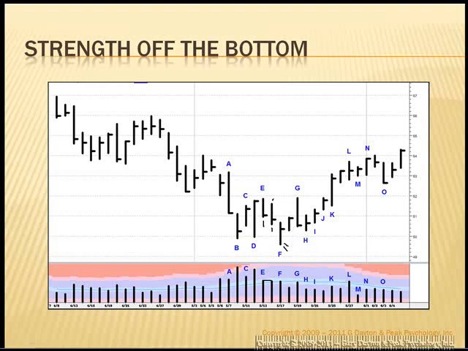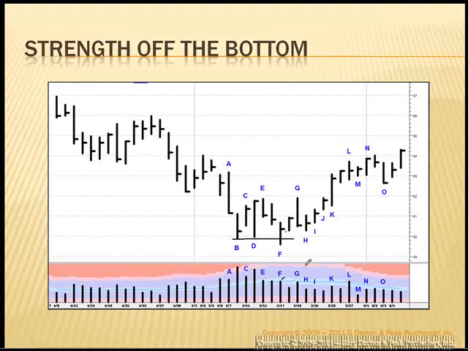Here's the way I view this, and we talk a little bit about Wyckoff in here now. Notice that we could draw a trend line underneath B and D, right? And so F comes down, dips underneath the lows of D and B, rallies up and closes firm.